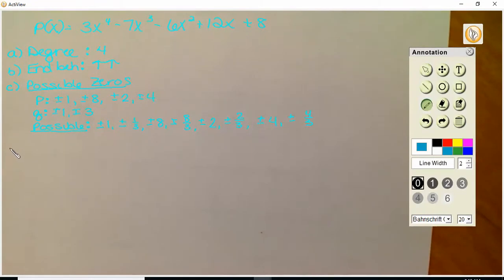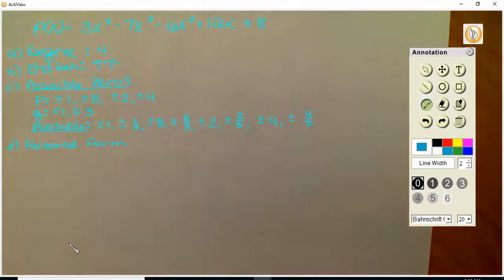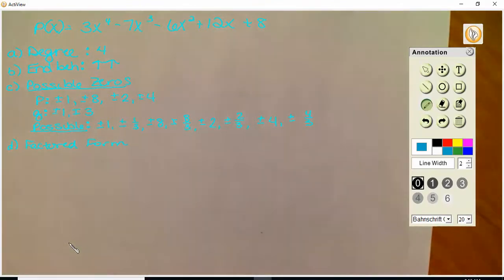Let's say I asked you to factor this. I want the factored form. So I'm just kind of breaking it into steps, telling you all the things that I might ask. How would I factor this, knowing my possible zeros? We used our graph to kind of narrow it down and find one that worked so we could do synthetic.